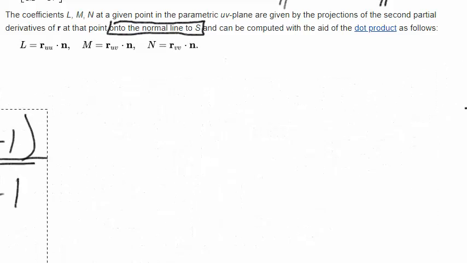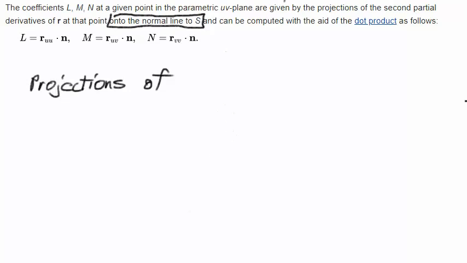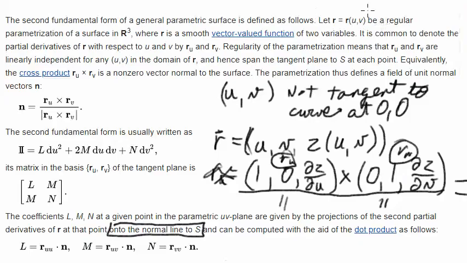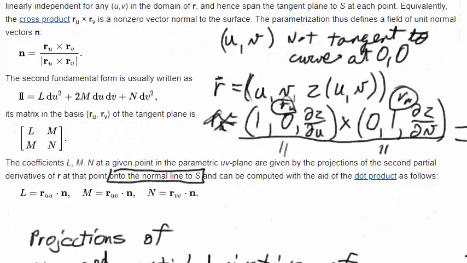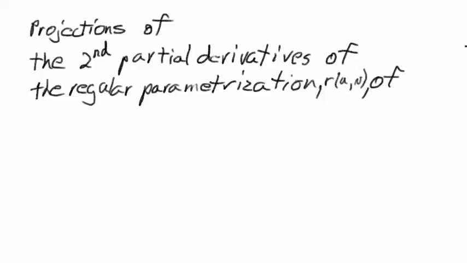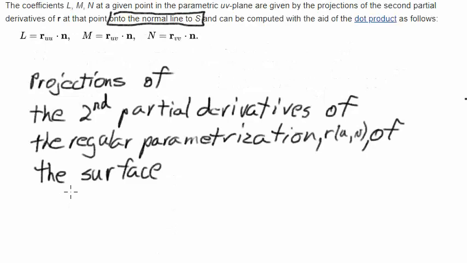So I want to think about this a little bit. We've got projections of the second partial derivatives of the regular parametrization r of u comma v of a surface in R3.